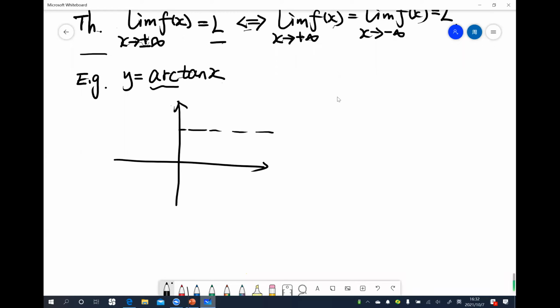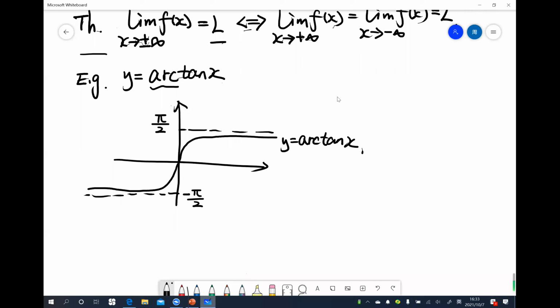This line means pi by 2, and this line means minus pi by 2. And the graph of this function is like this. This is the graph of y equals arc tangent x.